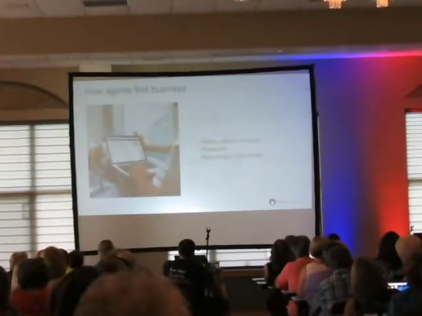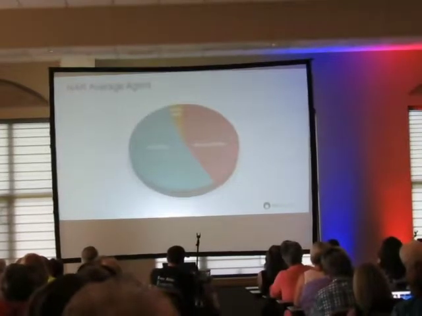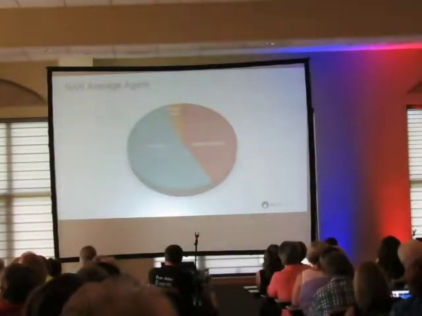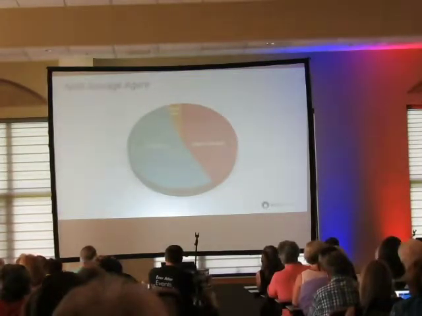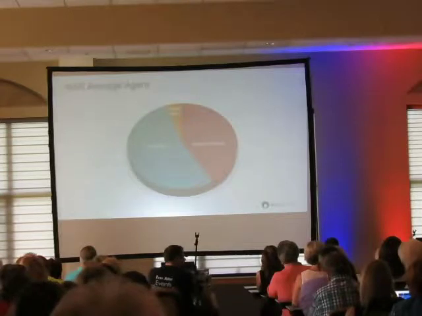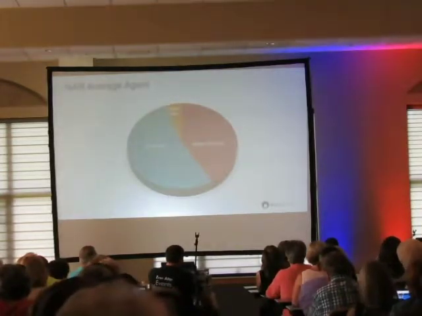Again, that's rhetorical. They found that the average agent spends about 65% of their time in prospecting and internet leads, in finding new business, and about 35% of their time with their existing sphere of influence. So those people that we already know. So I think we can all agree time is one of our most valuable resources, right?